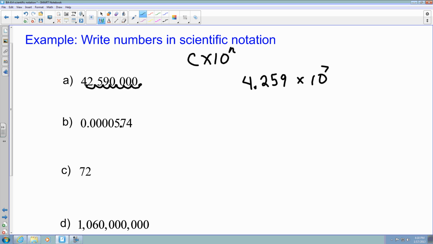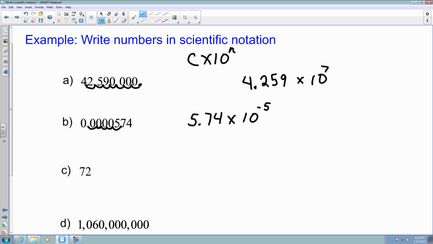So for this one, it's going to be 5.74 times 10. Now it's a matter of counting the digits: 1, 2, 3, 4, 5. And since I know that it's less than 1, it's going to have a negative exponent attached to 10. So it's going to be 5.74 times 10 to the negative fifth.